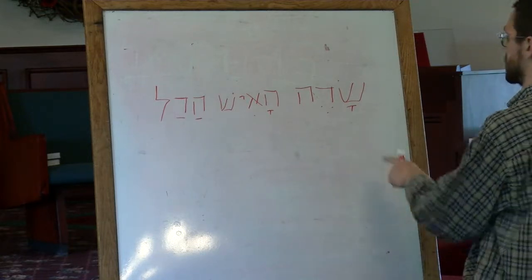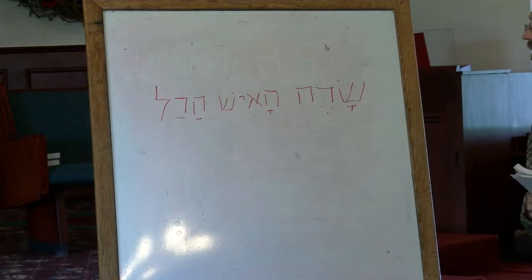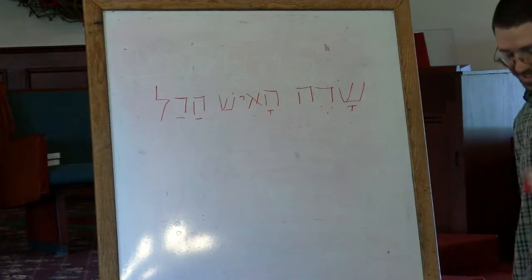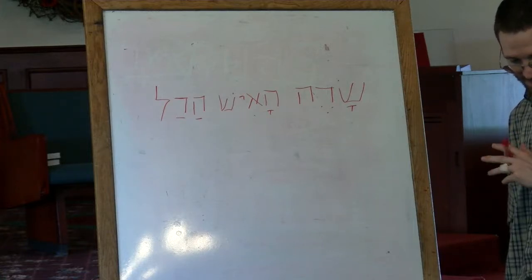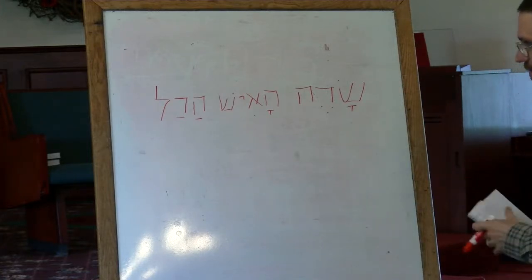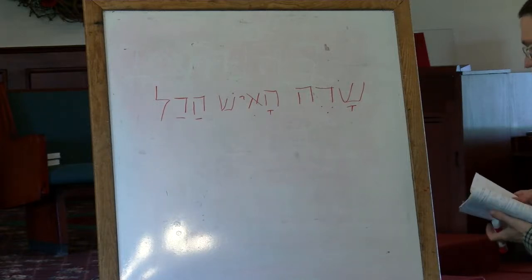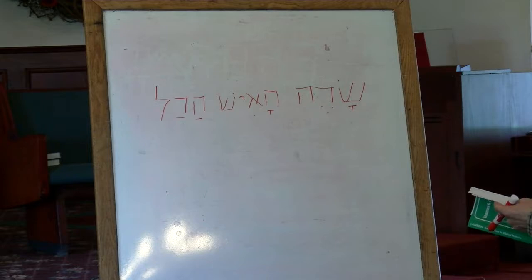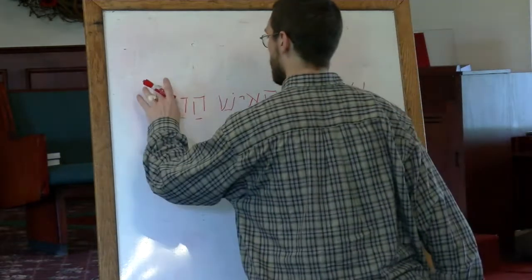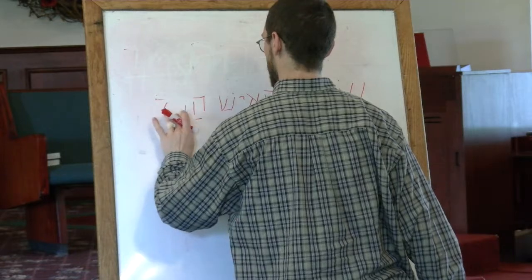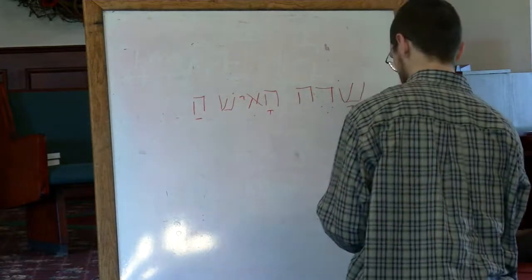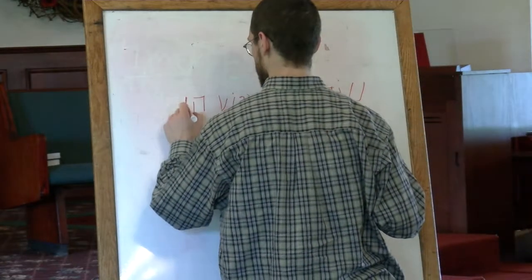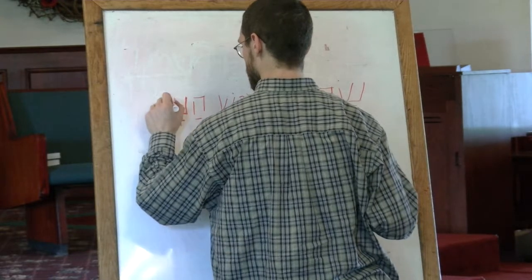Now, you can make some changes. Well, dal isn't rich. It's poor. This is after he pays his taxes, I guess. After his wealth is redistributed. Rich is ashir. I don't know what lesson that's in.